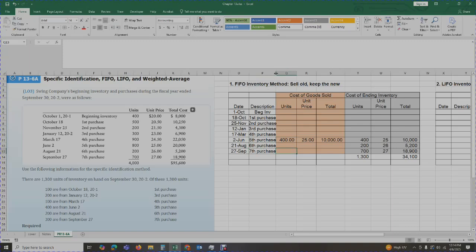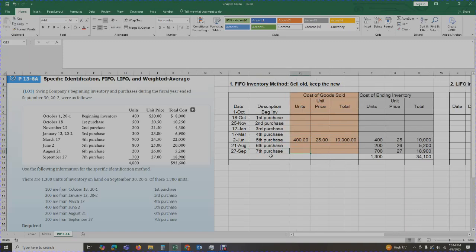So if we look at the information, we kept everything from the seventh purchase, everything from the sixth purchase, and half of the fifth purchase, because I only needed to complete 1,300 units for my ending inventory. From that fifth purchase, I had 800, and 400 I'm keeping. That means I'm selling 400. From that point forward, anything up has been sold.